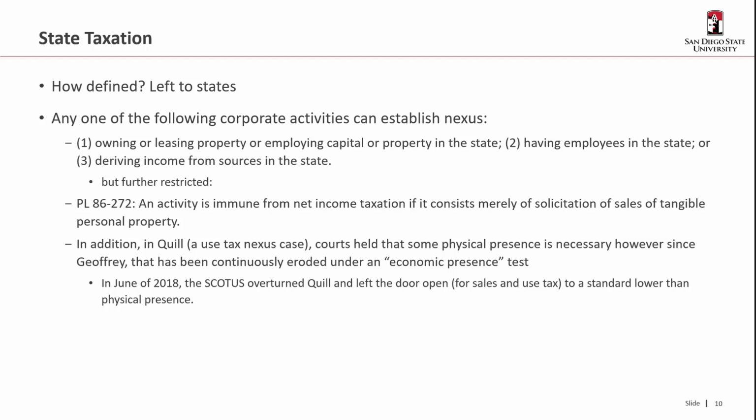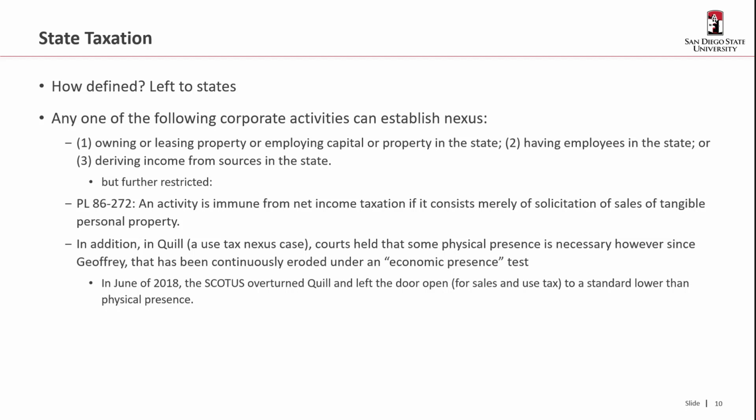So there's a lot in that dense statement. So it's immune from income tax. That doesn't mean it's immune from any other kind of tax. If it's mere solicitation, so it cannot be more than solicitation, of sales of tangible personal property. So it cannot be related to sales of services or intangible property. So fairly limited, but it's out there.